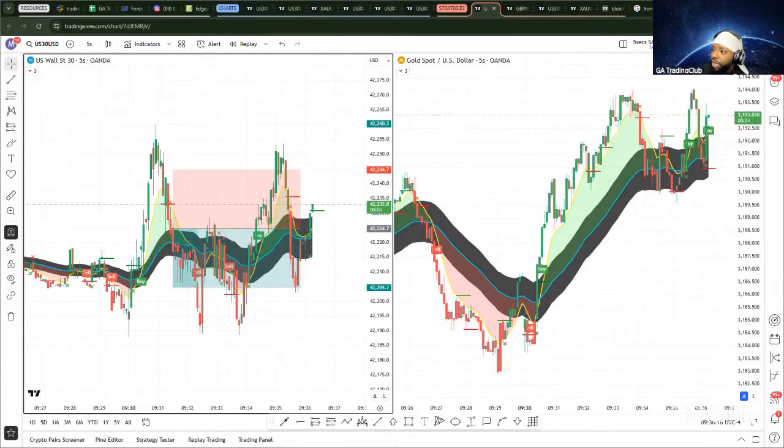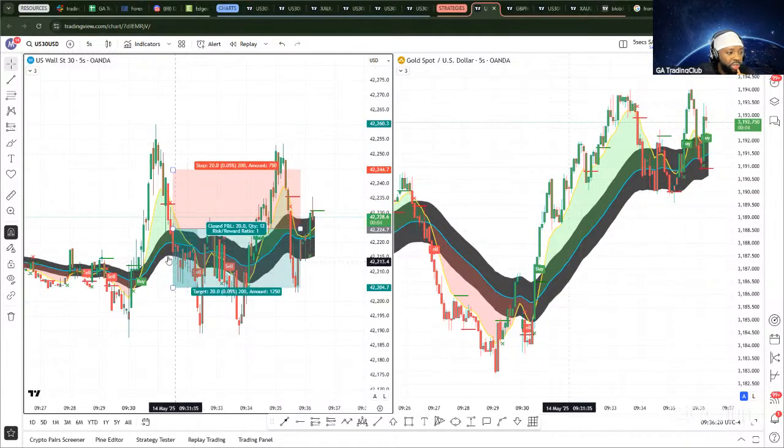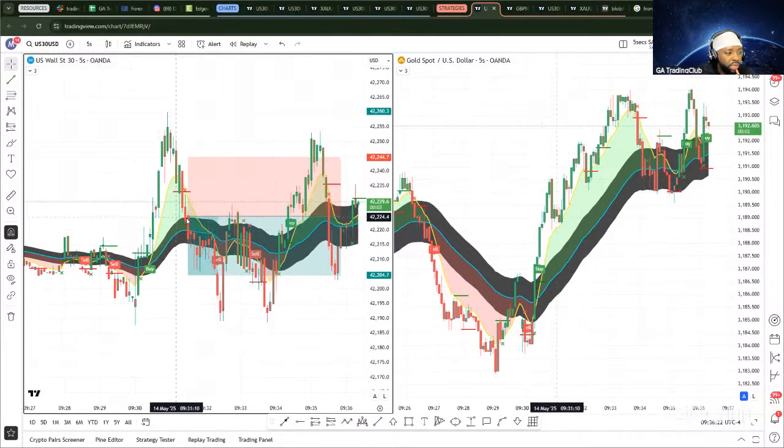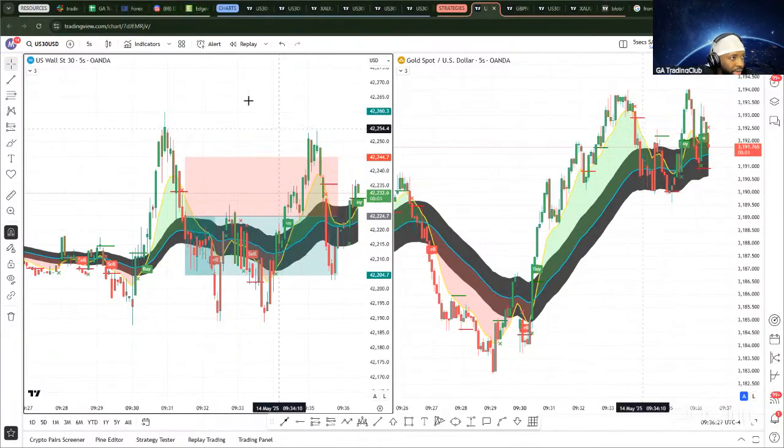But for the regular official trade, I took this trade at the crossover right here, and it went to TP. I marked it up during market open.